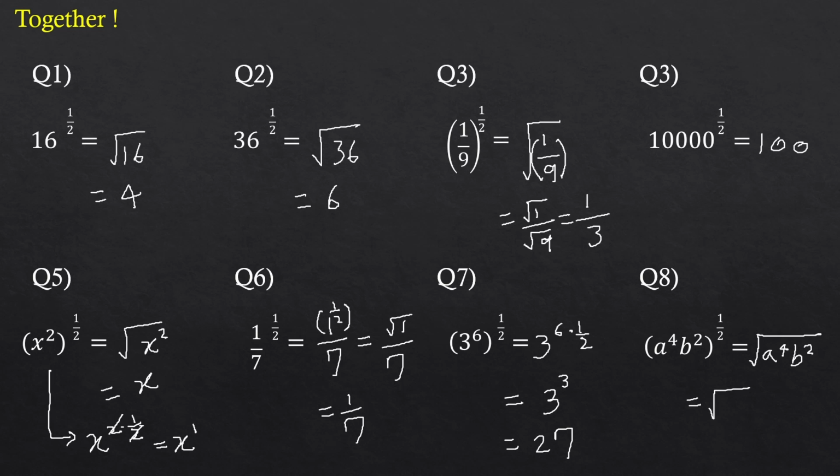This means, we can separate them, yeah. And that should be a to the power of 2, and this should just be cancelled, so it's just gonna be b. So the answer is a to the 2 times b. I hope that was a good practice for you. Now moving on.